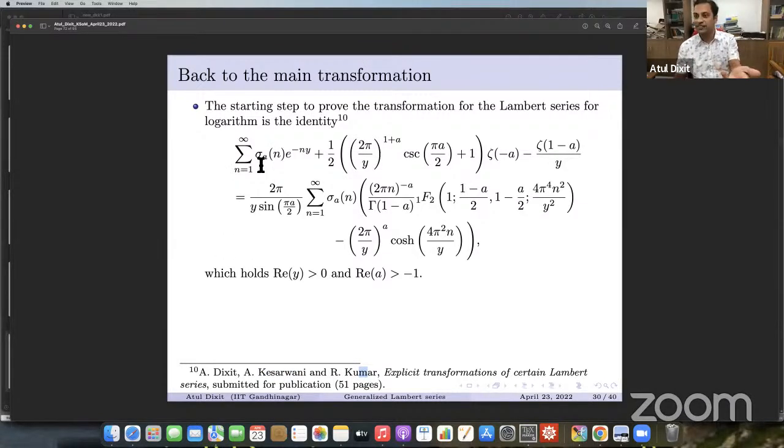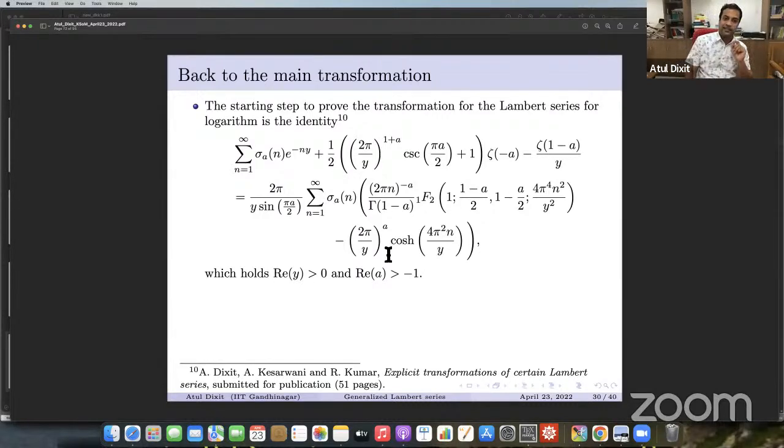So the moment we have this and the moment we have uniform convergence of the series, we can now differentiate both sides with respect to a, let a be equal to 0. And if we do that, then after a lot of intricate calculations, we actually get the previous result.